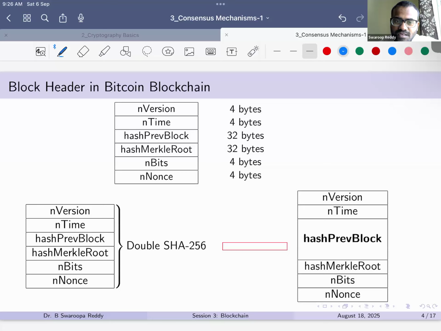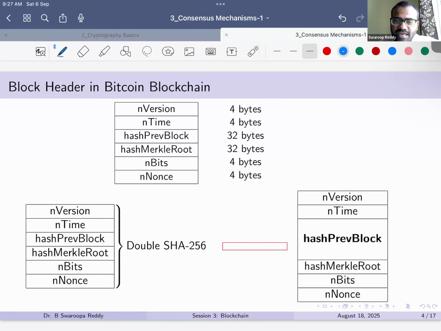Here, how will the hash be calculated? The hash of the previous block. On the left-hand side we have the previous block, and on the right-hand side we have the current block. For the previous block, all the block header values are concatenated into a single value, and it is double hashed. Double hash means the hash is computed two times.